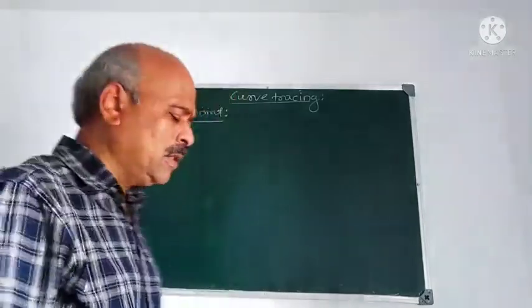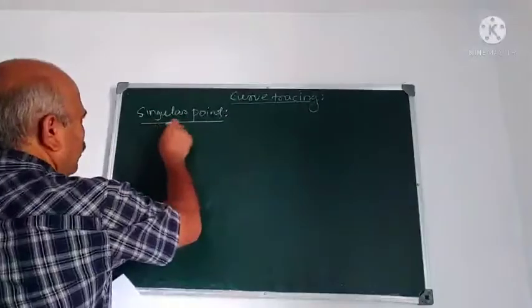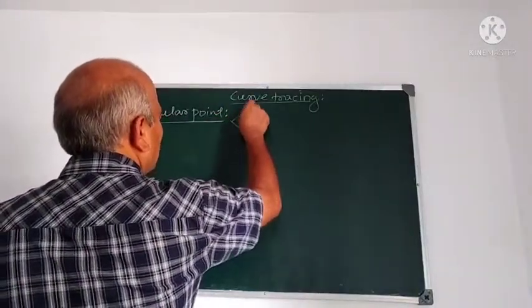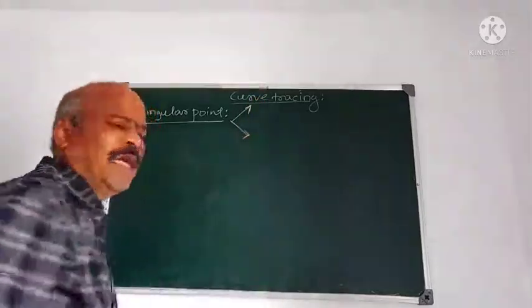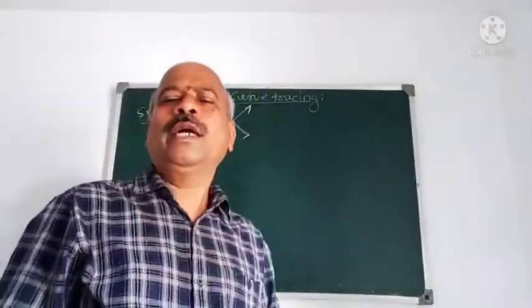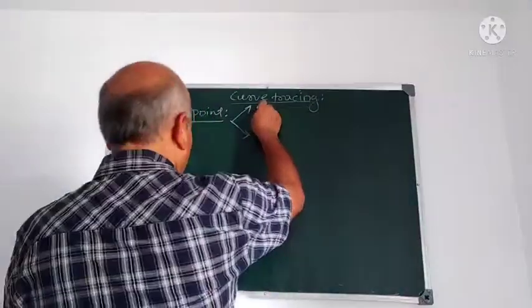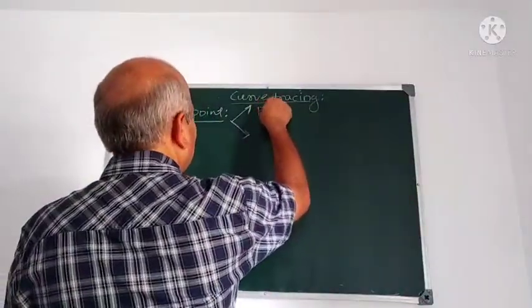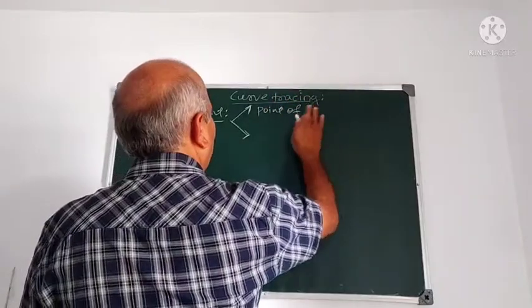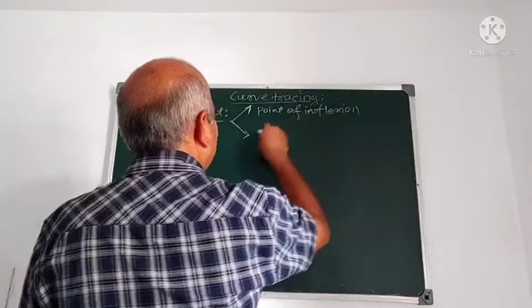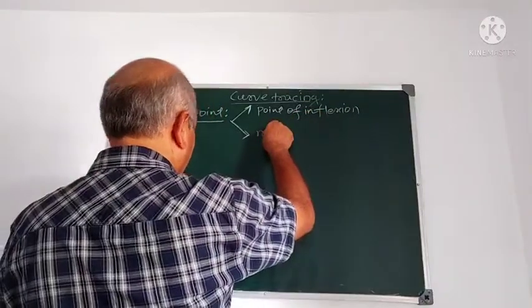There are two types of singular points. Singular points are mainly of two types. First one is point of inflection. Second one is multiple points.